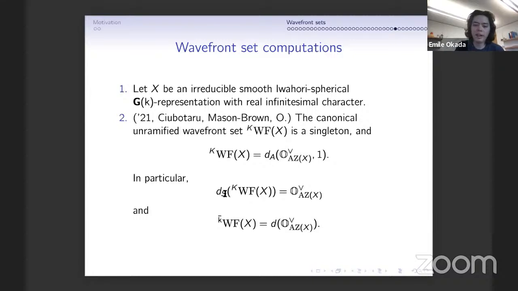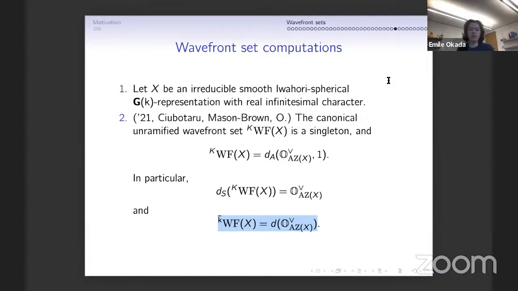And in particular, this verifies the conjecture that I mentioned earlier, and the geometric wavefront set here actually coincides with this expression that we found in SO(2n+1). So naturally, these counterexamples that I mentioned earlier do not have real infinitesimal character.